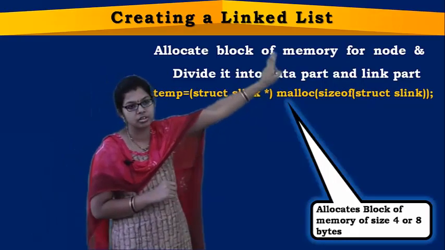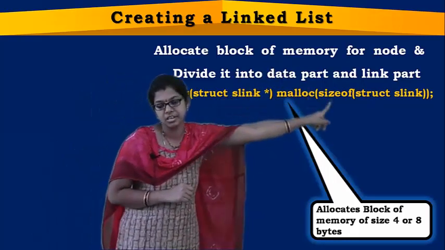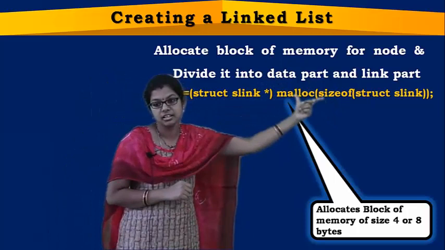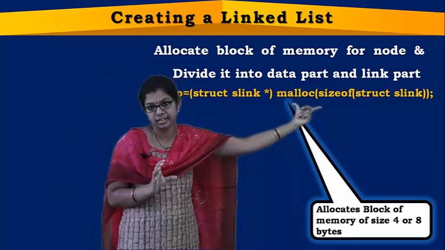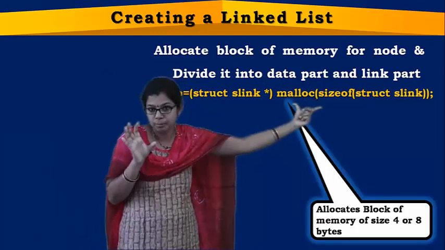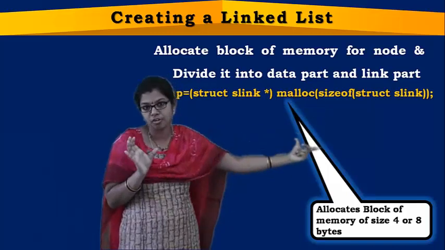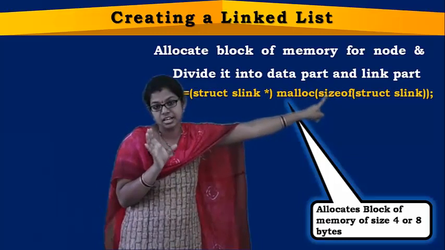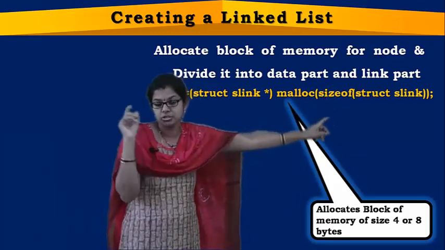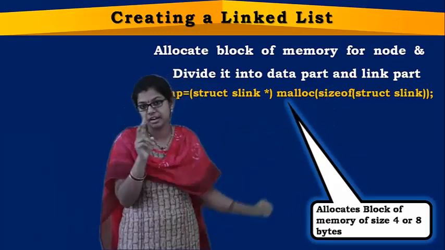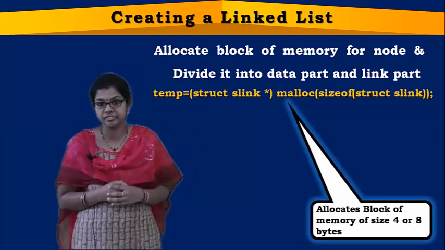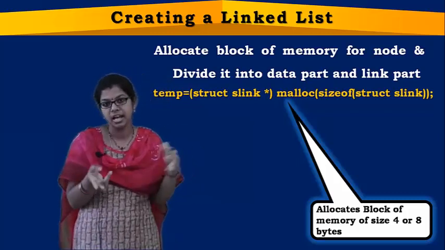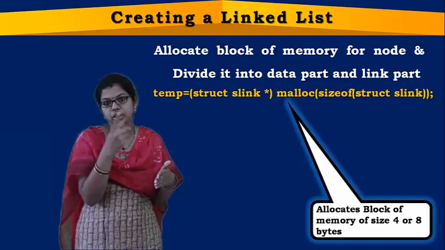So this code, malloc of sizeof(struct slink), is going to allocate a block of memory with the size of this structure. In the slink structure we have two parts: one is an int variable, and another is a pointer to a structure.